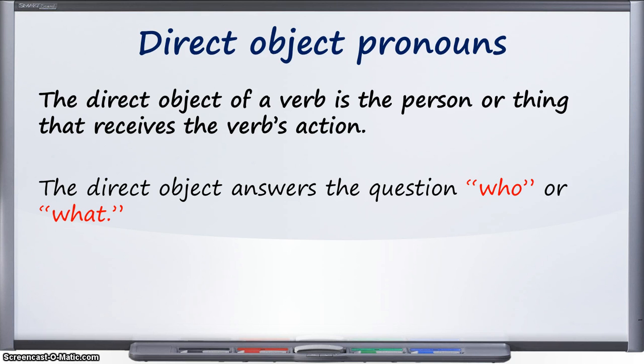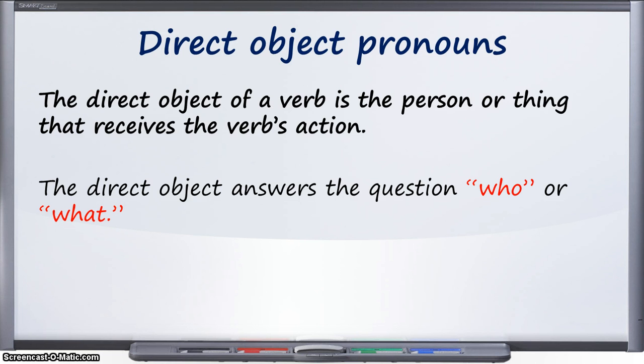That's what a direct object is. For example, if you say, I'm eating an apple, what am I eating? An apple. The apple is the direct object here. So it's very important that we understand what the direct object is.